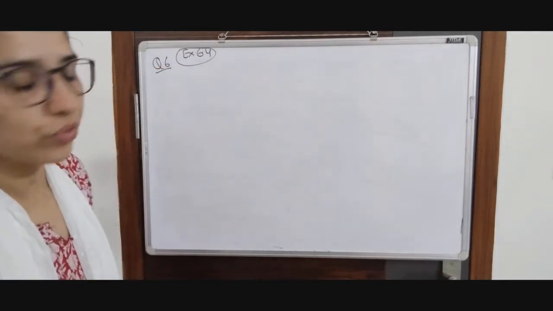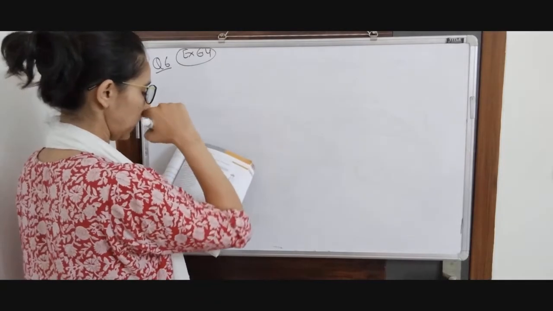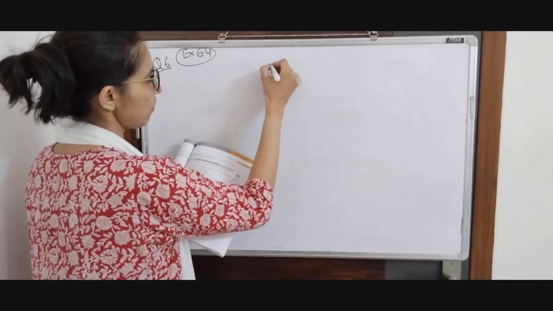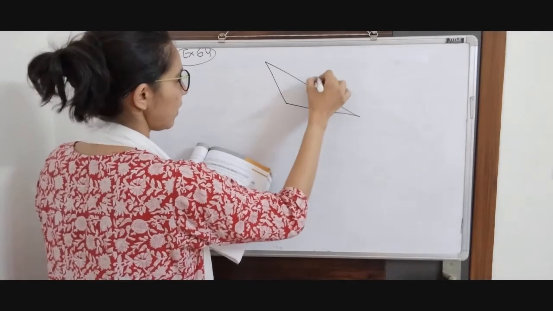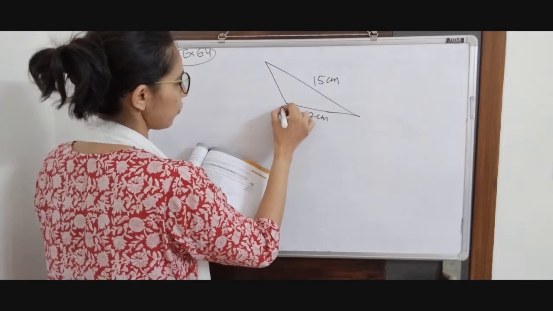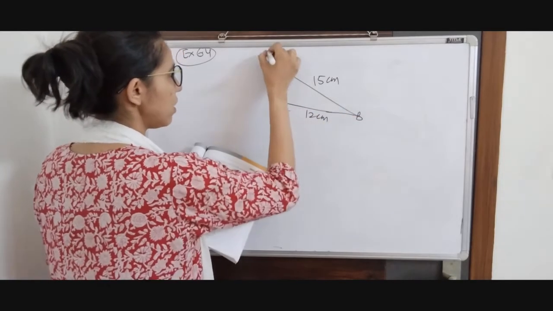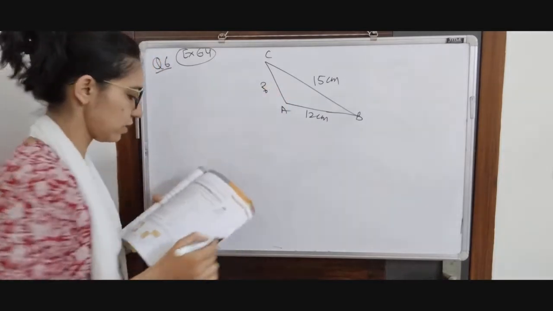the length of 2 sides of a triangle is 12 and 15. One is 15 centimeter, one is 12 centimeter. Suppose this is ABC. You have to find out this third side.